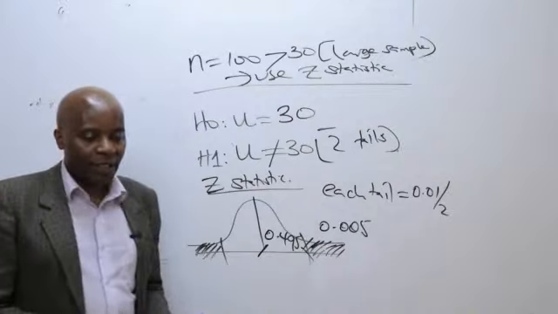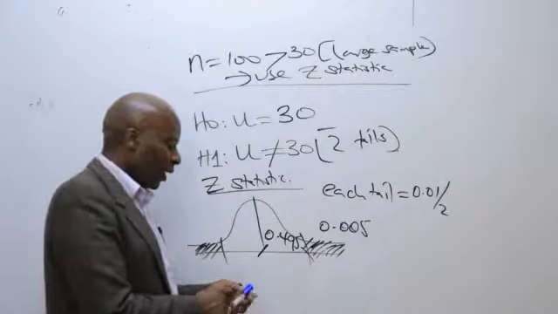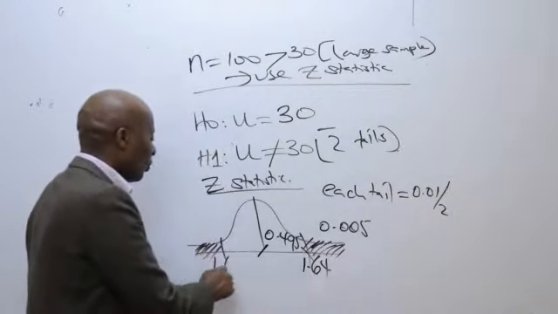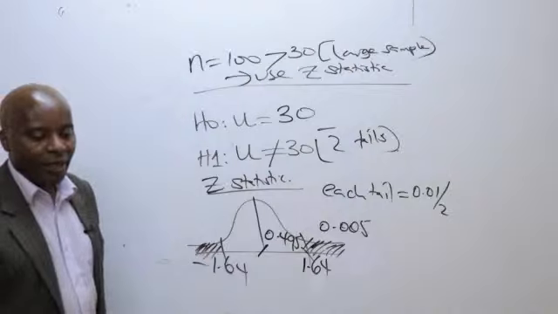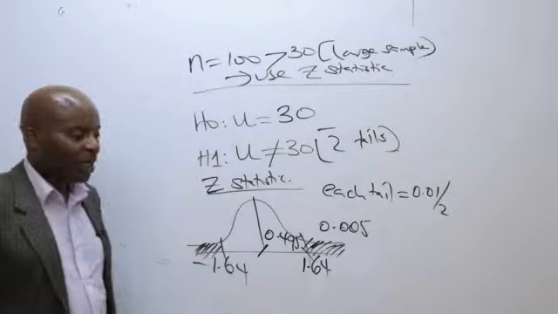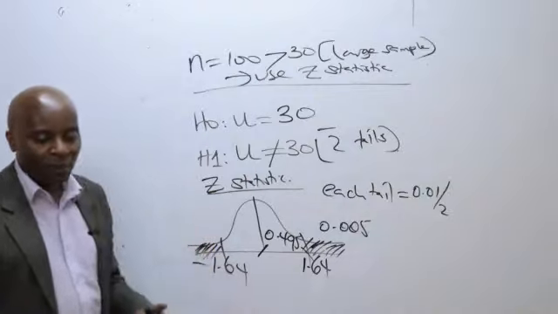Using the reverse gear, Loci tells me 1.64. Yes, so we have 1.64, and because there are two tails, the other tail will be 1.64 but negative. Loci has said no. No problem, we are patient. Tell us what will be the corresponding Z score. Somebody help Loci.